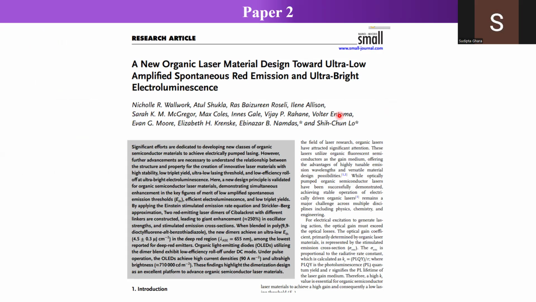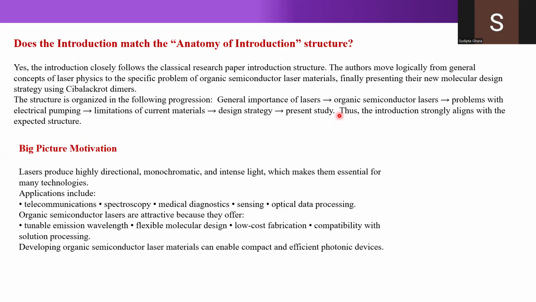So basically, in the introduction structure, the second paper studies organic semiconductor laser materials based on the dimer. Organic semiconductor lasers are promising because they allow tunable emission wavelength, flexible molecular design, and low cost fabrication, which I've already discussed.